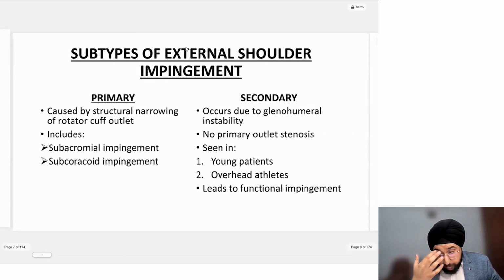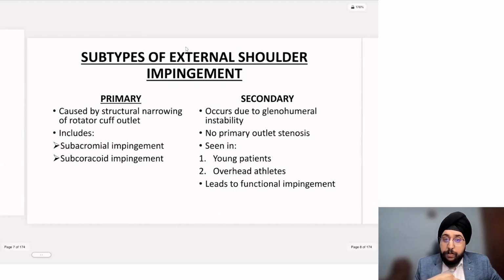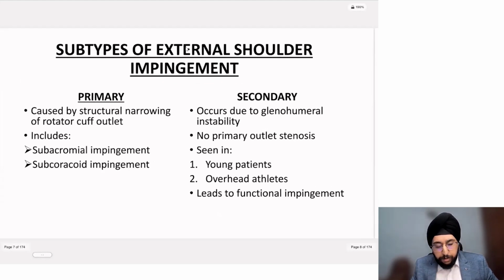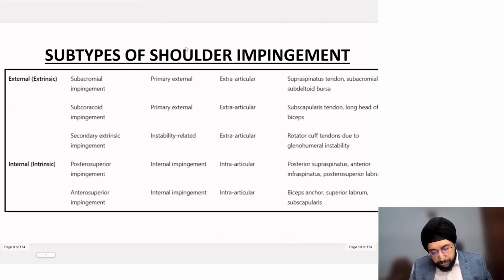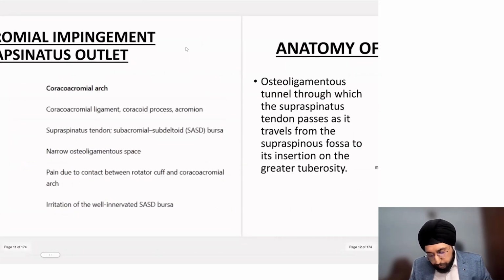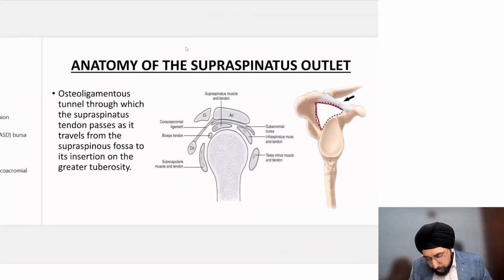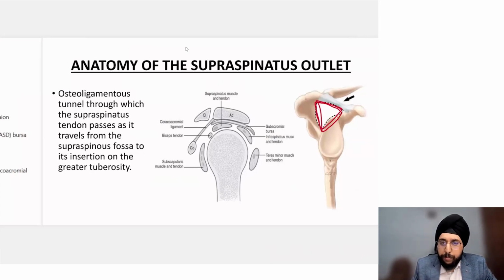If you talk about the external shoulder impingement, what we are basically concerned about here is the supraspinatus outlet. It's the space through which your supraspinatus passes. It's a narrow outlet, kind of an osteoligamentous tunnel, surrounded by the bones as well as certain ligaments.